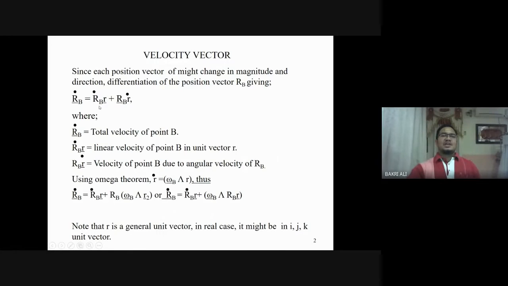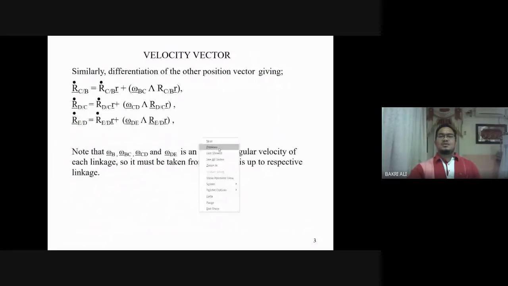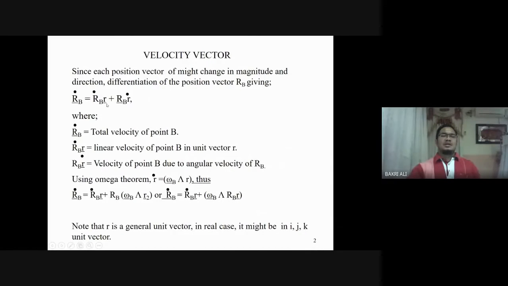So the magnitude and the unit vector are two different variables. In this case, I use r to represent the unit vector in whatever direction, I, J or K. Once we differentiate RB r, we get u dv plus v du. u is RB, the position vector, given by the magnitude of RB, which may be numerical, and the unit vector r.